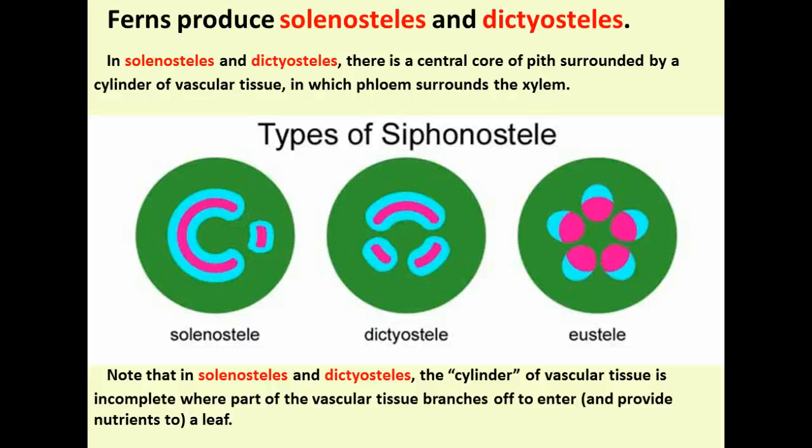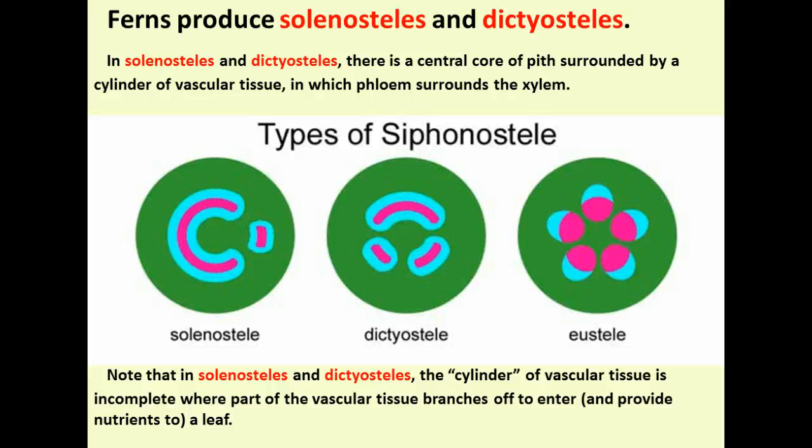Notice that in these selenosteles and dictyosteles, you have an incomplete cylinder. Weird, huh? It's incomplete, and part of the vascular tissue branches off to provide nutrients to the leaf. So that's why it's broken right here.